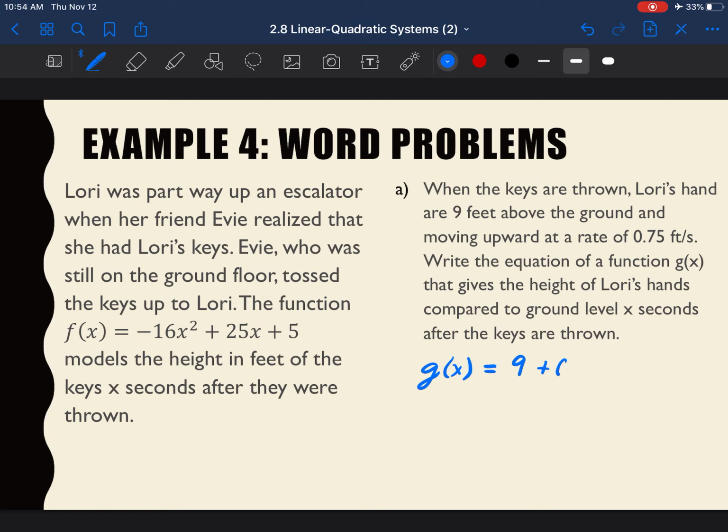So then that would be 9 plus 0.75x. Okay, so that's the equation that represents the height of Lori's hands compared to the ground level.